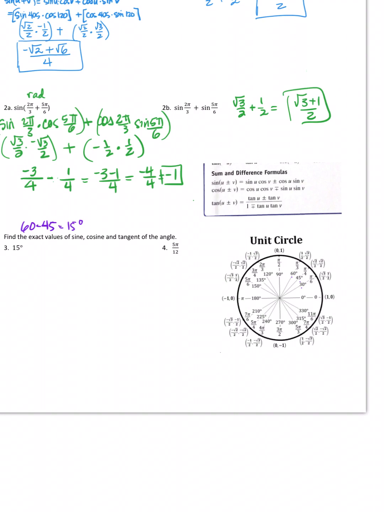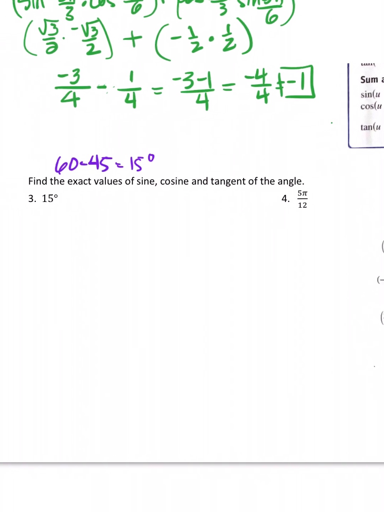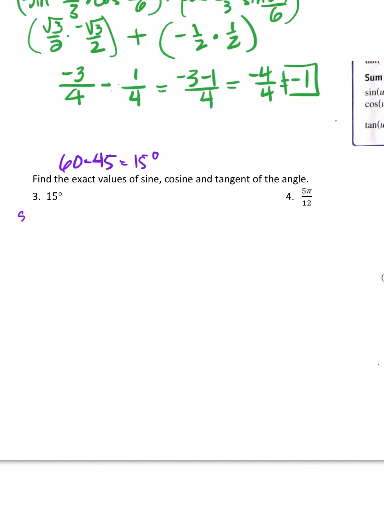But we're going to have to find all 3 of these. So let's use our space wisely. Let's find the sine first. So the sine of 60 minus 45. If I follow the formulas, it's going to say the sine of 60 times the cosine of 45 minus the cosine of 60 times the sine of 45. Okay, I'm going to use my unit circle to help me find those values and plug them in.